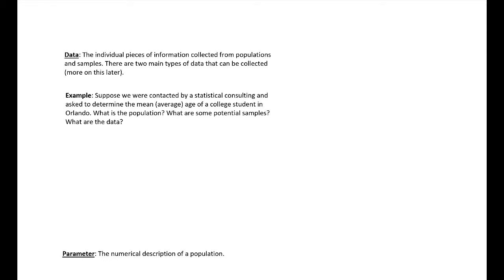For example, suppose we were contacted by a statistical consulting firm and asked to determine the mean age of a college student in Orlando. What would be the population in this case? What are some potential samples? And what's the data that we're working with here? Okay, first things first, what is the population for this scenario?